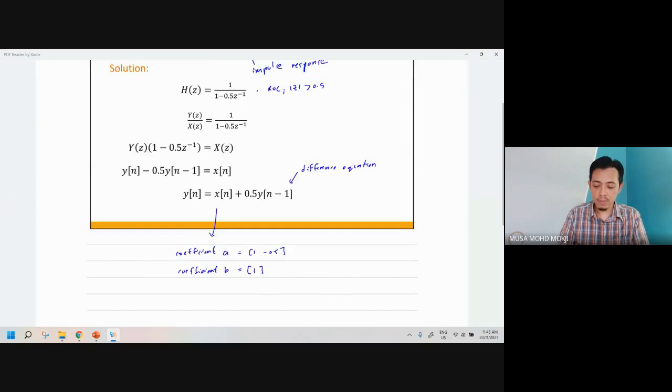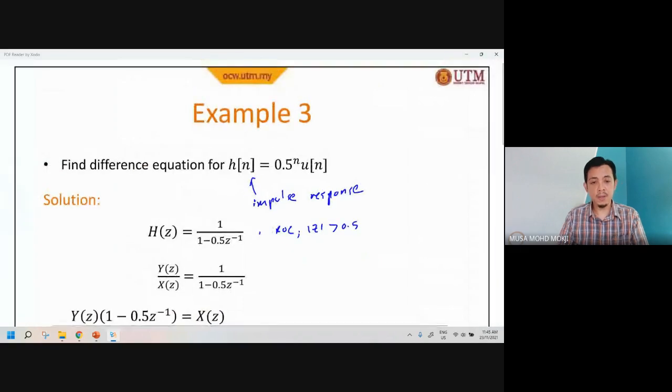So how about this? How many samples do we have for Hn? This is actually infinity. It starts at n equals 0, the un, and it ends at n equals infinity. At n equals 0, this is 0.5 to the power of 0, which is 1. At n equals infinity, this becomes 0.5 to the power of infinity, which is very close to 0.